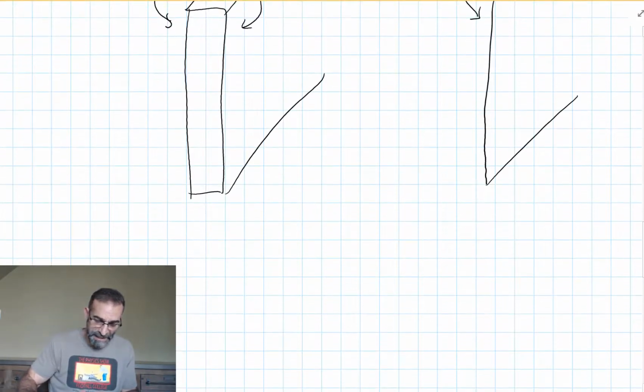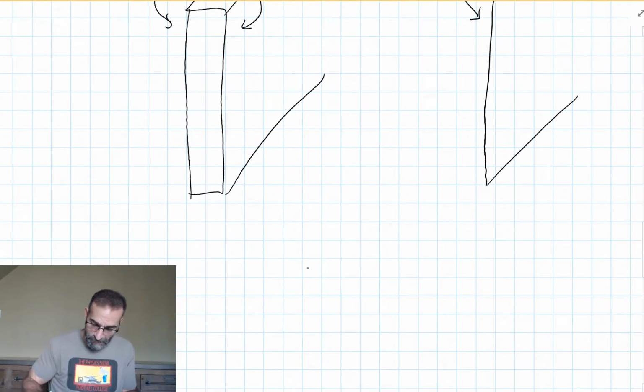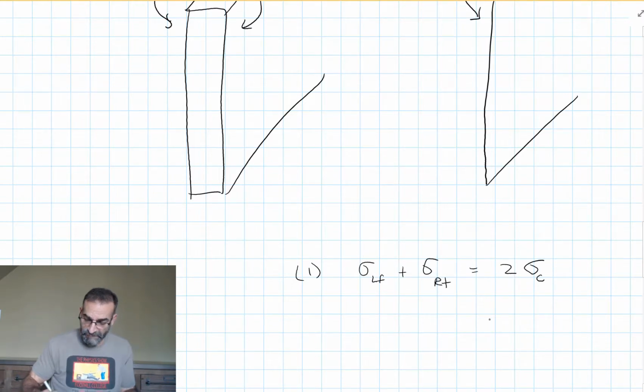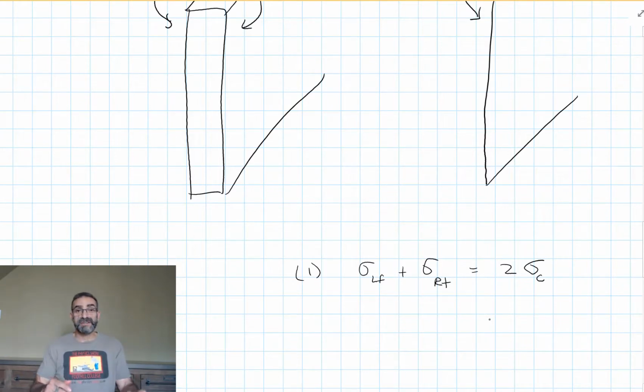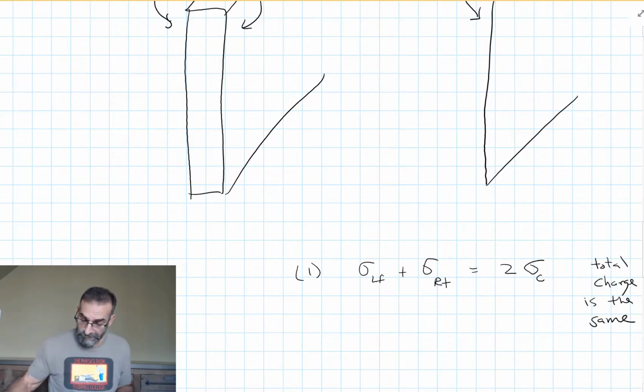So right off the bat, I have an equation. I know that sigma left plus sigma right is equal to 2 sigma conductor, right? The total charge has to be the same.